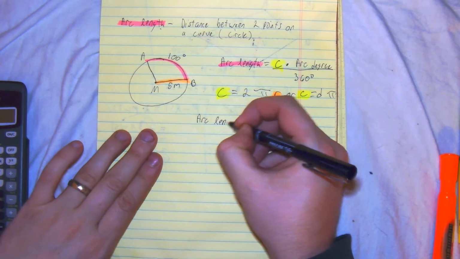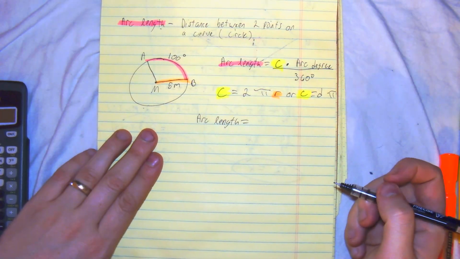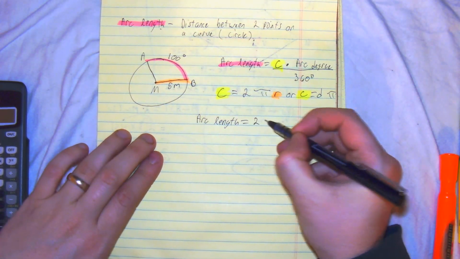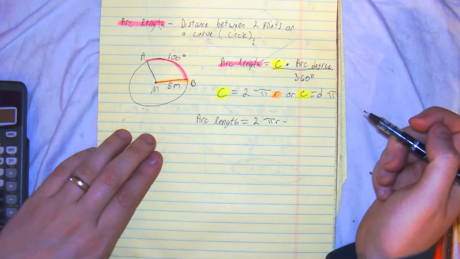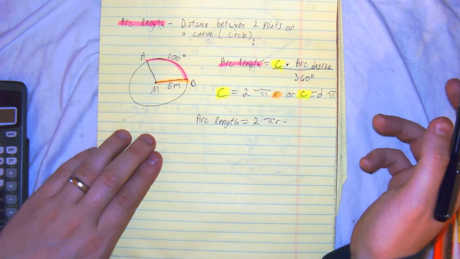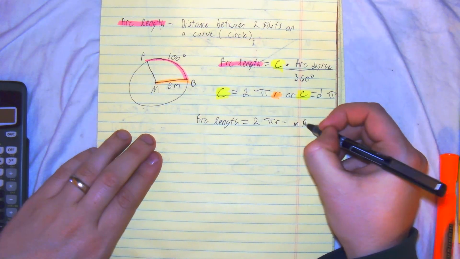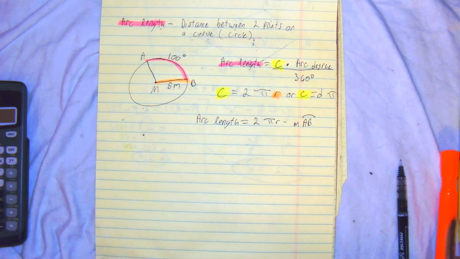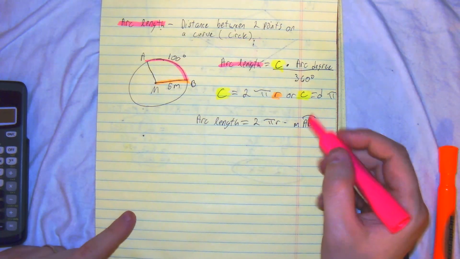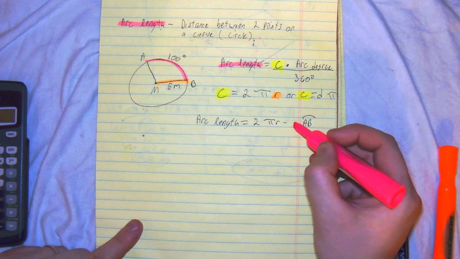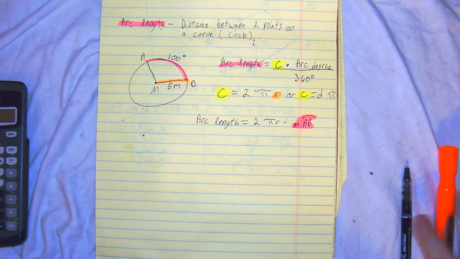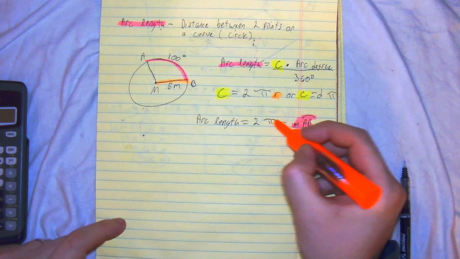Arc length is equal to 2 pi r, because we have a radius, times the arc degree, which would be the measure of AB. So here we want to find the arc length. So the degrees is 100. Alright, that's 100, and we're given a radius of 5 meters, so we plug it in here.